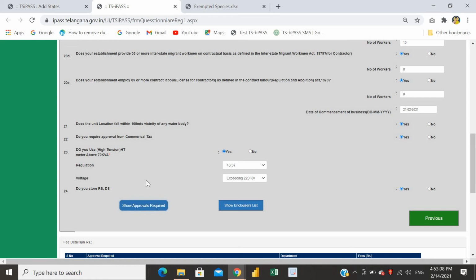Now the 23rd question is, do you use high tension meter above 70 kVA? I'm not sure why this 70 kVA has come here, but I can say that this question is pertaining to electrical installation.